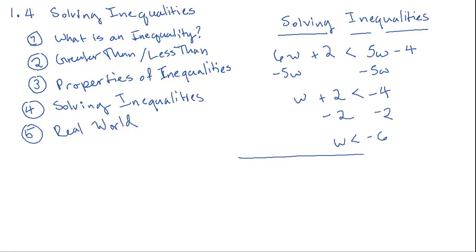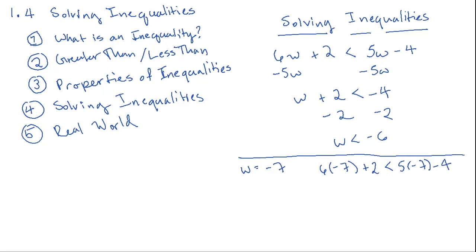All right, so let's check and see if this actually works. We know that w has to be less than negative 6. So, for example, our test case could be w equals negative 7. Let's see if this checks out. If w is negative 7, then 6 times negative 7 plus 2 has to be less than 5 times negative 7 minus 4.